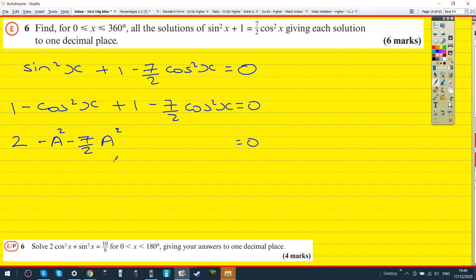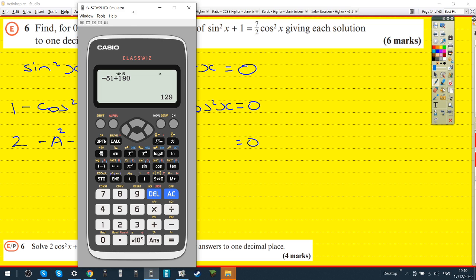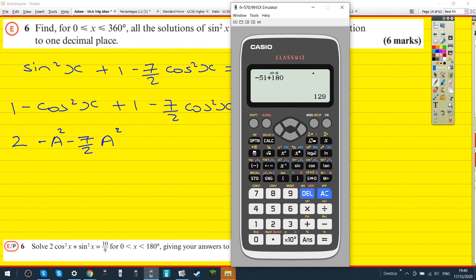And then could you minus the 2 from the 7 over 2? Would that not work since they're multiplying by cos squared or a squared? You can combine the two a squareds. Would that just give you 2a squared? So if you have minus a squared, that's like minus 1a squared, minus another 7 over 2.